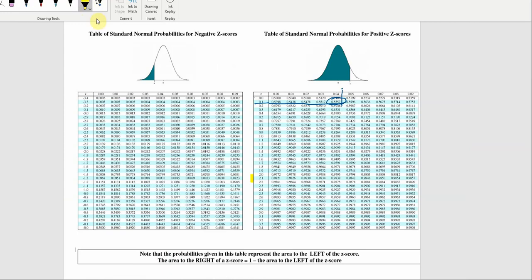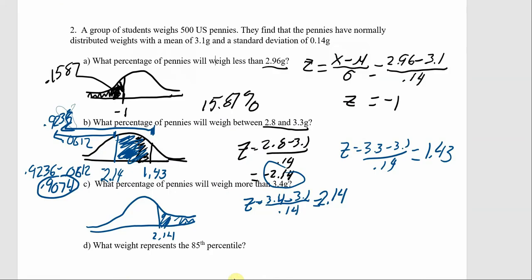I go to 2.1, which is right here, and I come down to 0.04, and it's that guy right there, 0.9838. This area is 0.9838, but I don't want that area. I want 1 minus 0.9838, or 0.0162, or 1.62% of the pennies will have a weight greater than 3.4 grams.